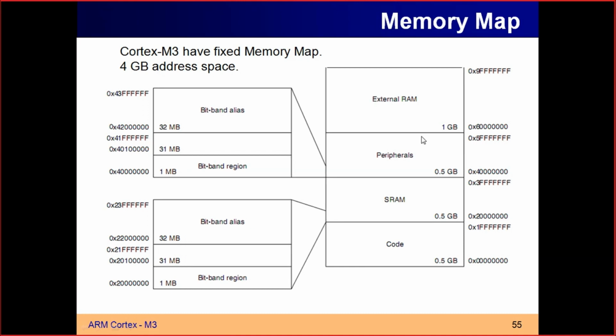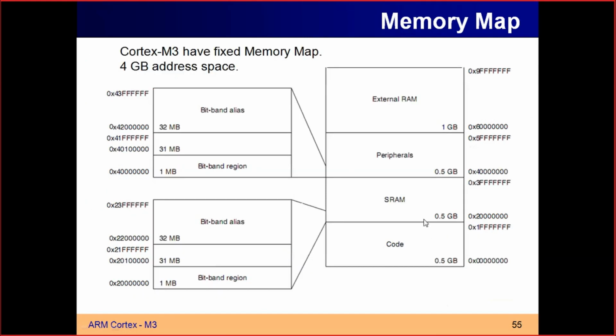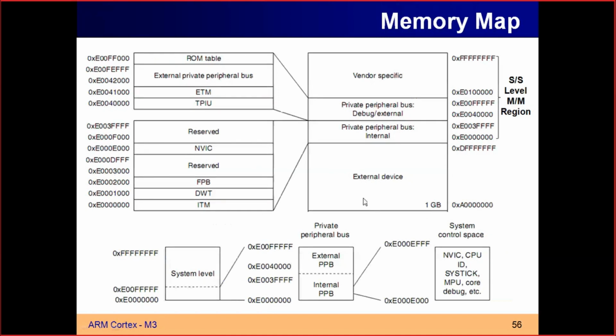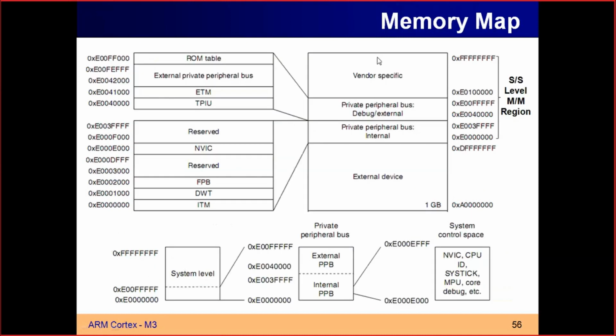After external RAM, the next 1 GB is for external device. Then the remaining portion is for the system level memory region. So: code memory, SRAM, peripherals, external RAM, external device, and system level memory region.